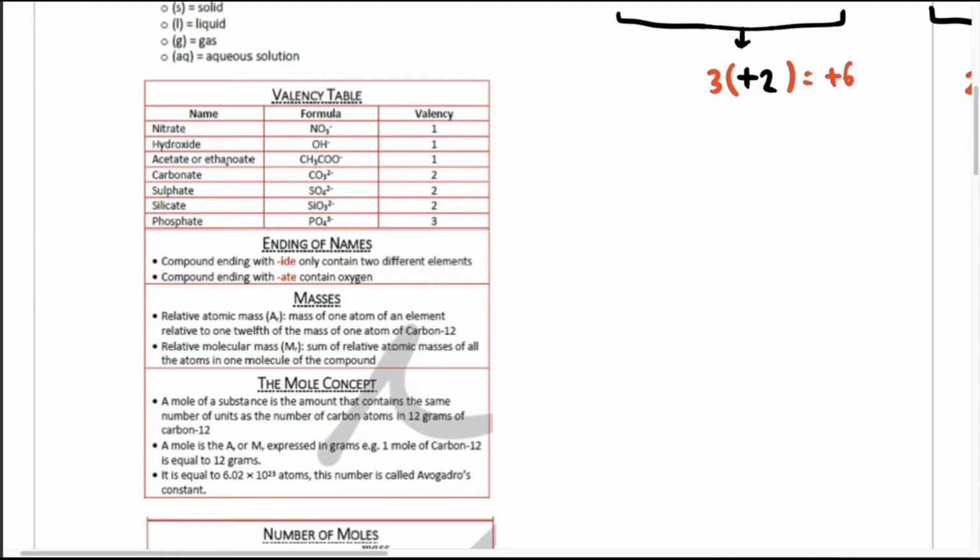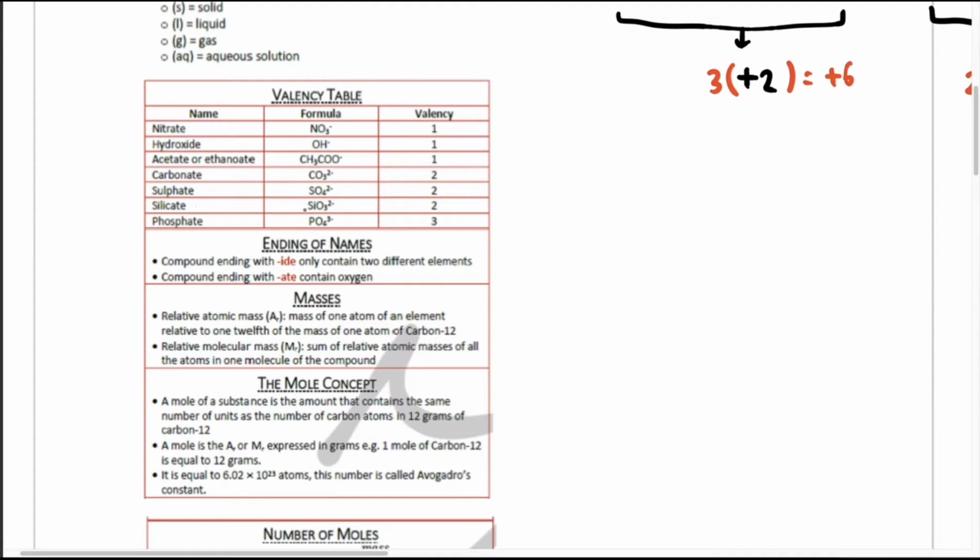Acetate or ethanoate, CH3COO minus, the charge is minus 1, so valency 1. Carbonate, CO3 2 minus, you have to memorize the formula, the charge is 2 minus, so the valency is 2. Sulfate, SO4 2 minus, the charge is 2 minus, so the valency is 2. So it's related to the charge.